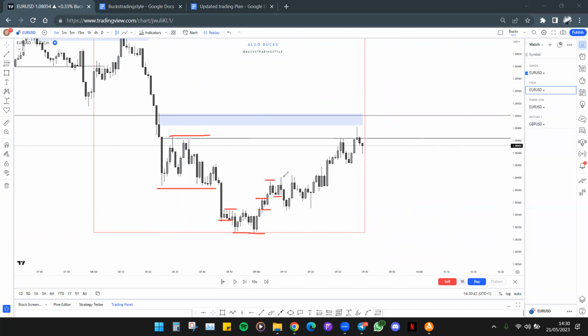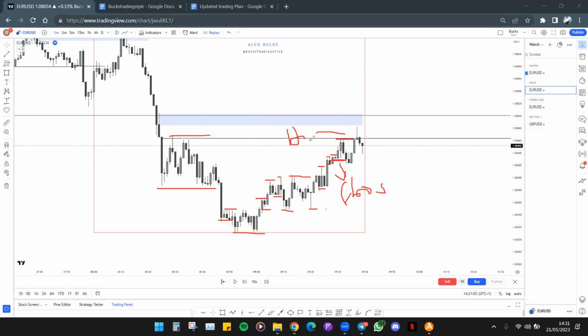All of these are external structures on the M1 time frame. So at this point, this is our fake POS right here. Then this high is our inducement, fake POS.